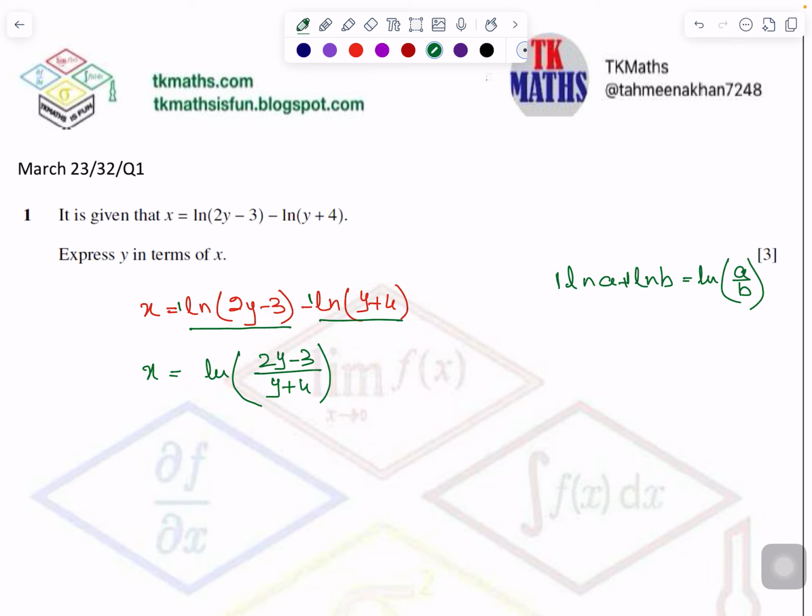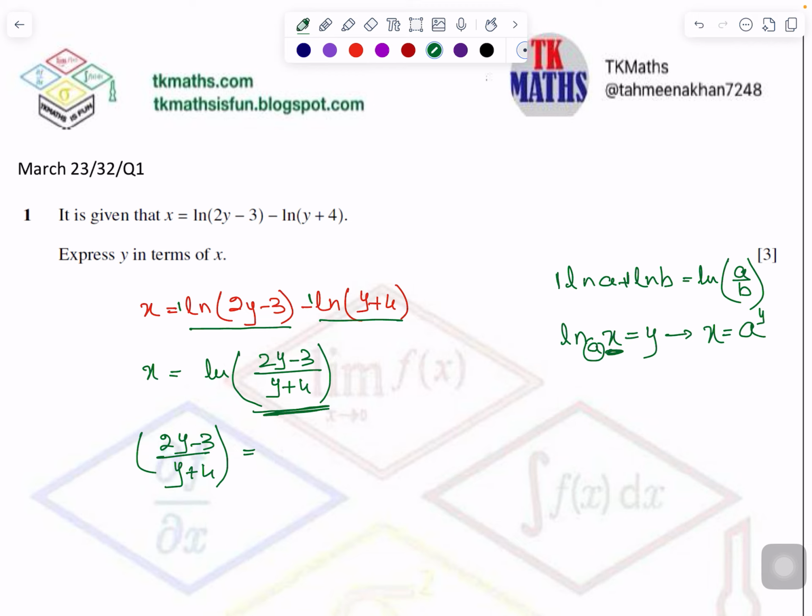Now I'm helping you to recall the second law, how to change log form into index form. When a log is given like this, we can change it into index form. It becomes x = a^y, so this is acting as this number. I'm making it the subject. So (2y − 3)/(y + 4) is equal to, the base here is a.